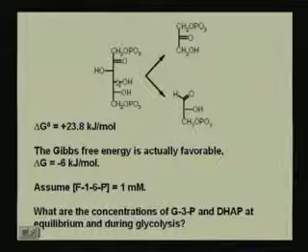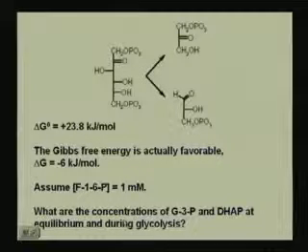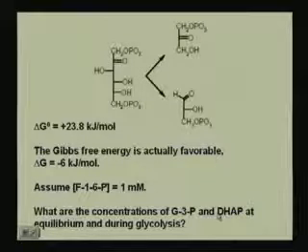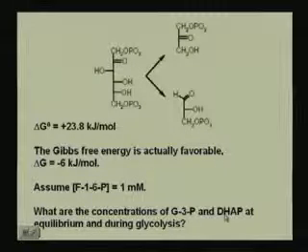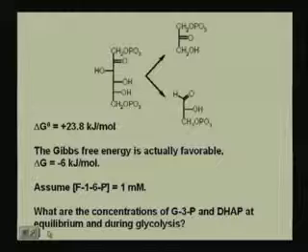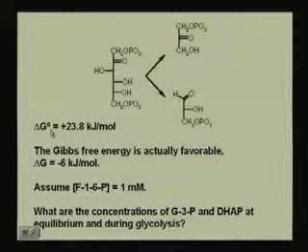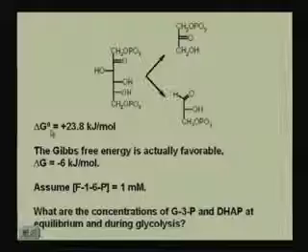I can find out the concentrations of glyceraldehyde-3-phosphate and dihydroxyacetone phosphate at equilibrium. How can I do that at equilibrium? It will just be the equilibrium constant that I get from the delta G0 value. What do I get from the delta G0 value?